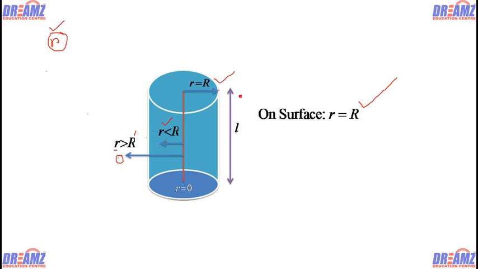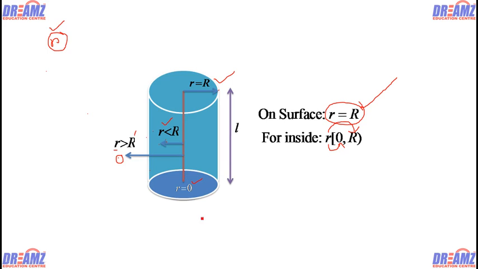If the point is inside, then the value of small r starts from 0 and ends at capital R. So we can say inside, small r is between 0 and R. One thing you have to note is that inside, small r may be equal to 0, but small r is not equal to capital R, because if small r is equal to capital R, then it will be on the surface.